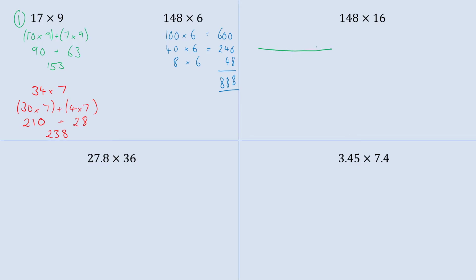And Napier's bones is set up in a grid-like way, where I would have my grid set up like this, 148 times 16.